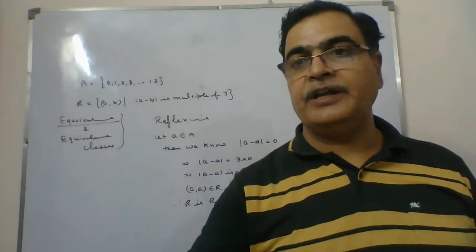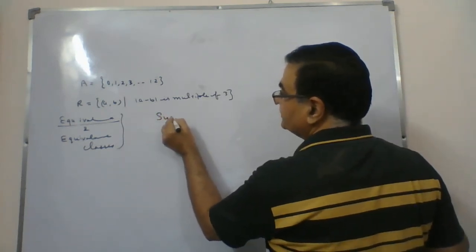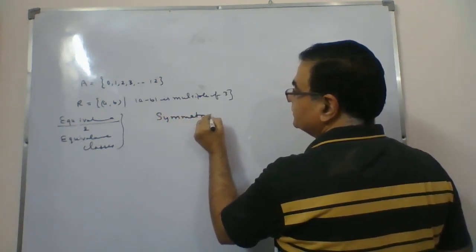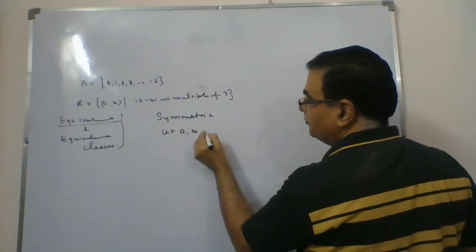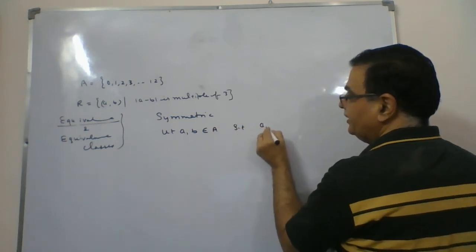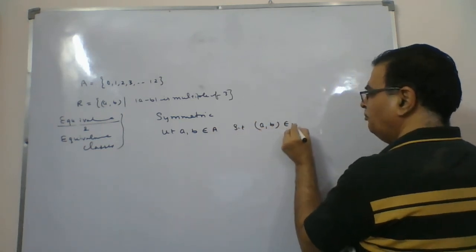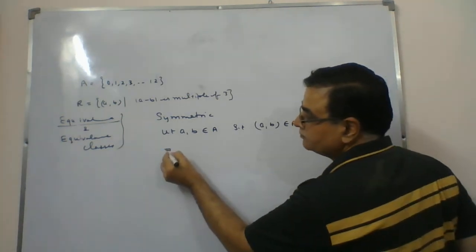Now we are coming to the next, symmetric. So in symmetric, what we do here: let A, B belong to set A such that (A, B) belongs to R. A and B are related. What does it mean?